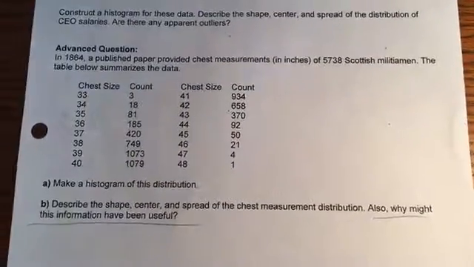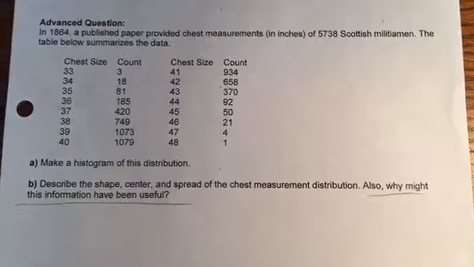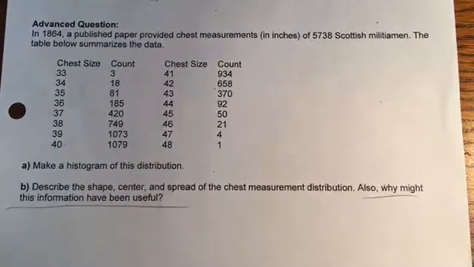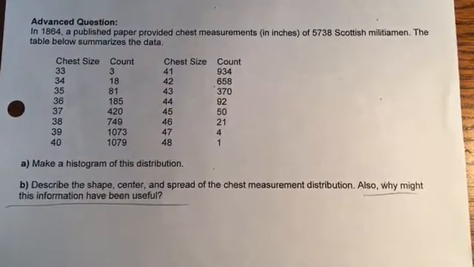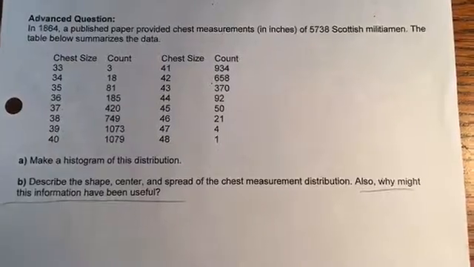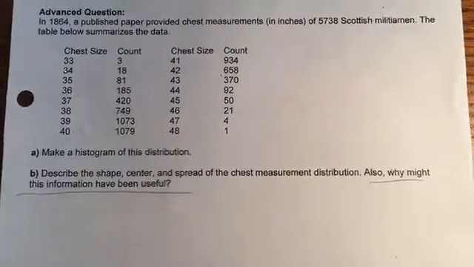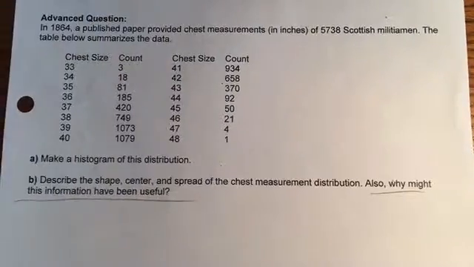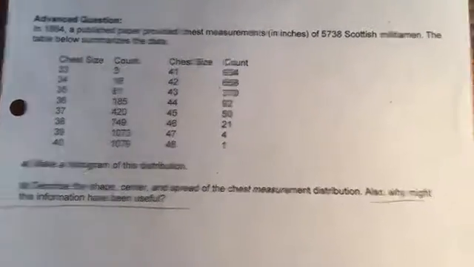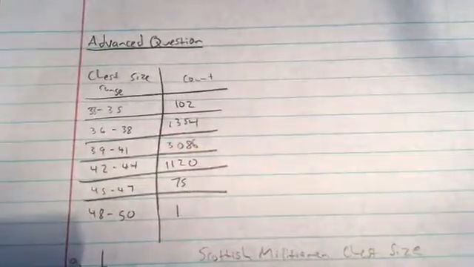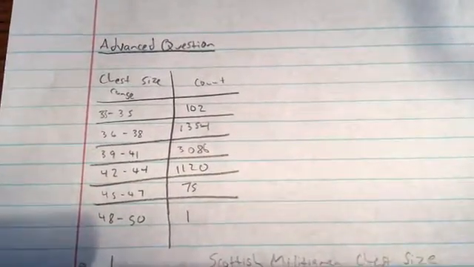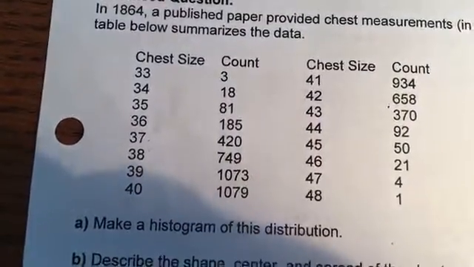Again, if you want to have between 5 and 7 bars on your histogram, it might be a good idea to break those into pieces of 3, which will, I believe, leave you with 6 bars. So I went ahead and did that and made a chart here. For example, for the first interval, 33 through 35, I just added up the total counts from those on there.